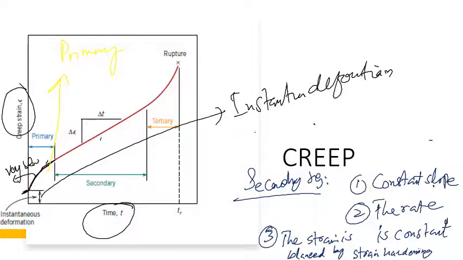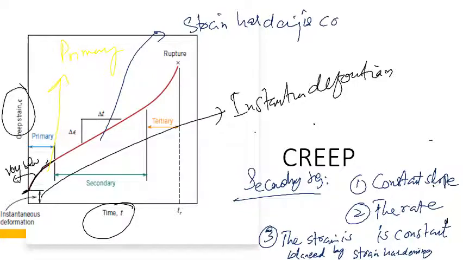So this is the most important point, that strain hardening is occurring there, and that's why this deformation is balanced by the strain hardening. So that's why it gave us a constant slope.